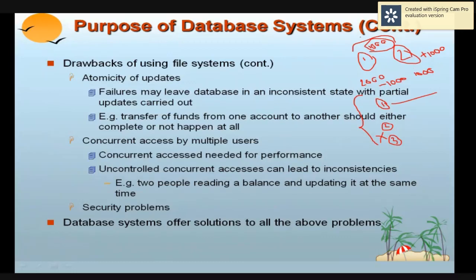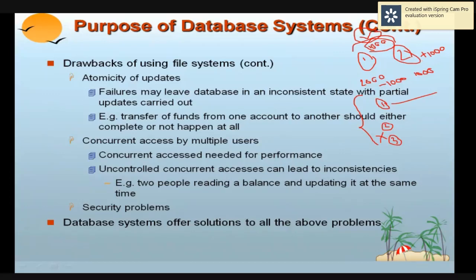In this case, we don't have proper data regarding where this 1000 rupees exactly went, because the first step has been executed, that is 1000 has been deducted, but this 1000 has not been credited to the second account. There's some issue regarding where this 1000 rupees has gone.